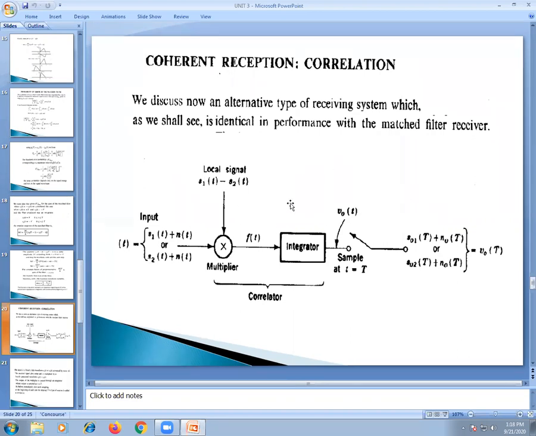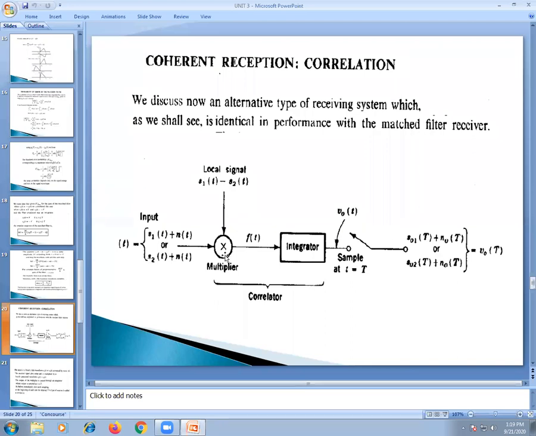So for the coherent receiver, the input is Vi of t and the output is V naught of t. Vi of t is S1 of t plus n of t or S2 of t plus n of t. That is multiplied with the local signal, the difference signal S1 of t minus S2 of t.